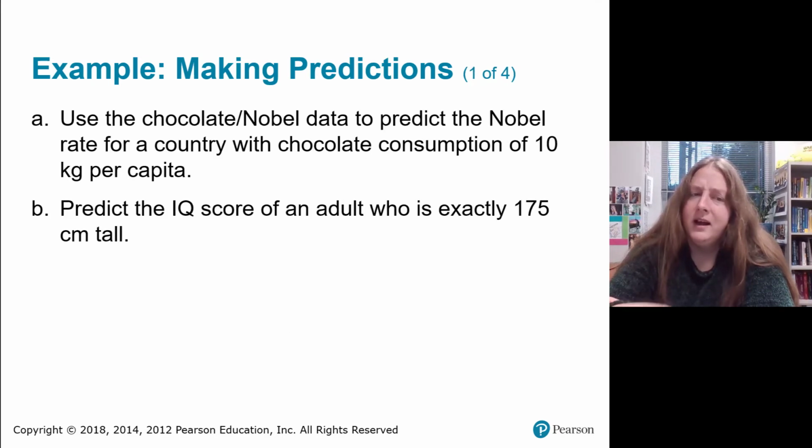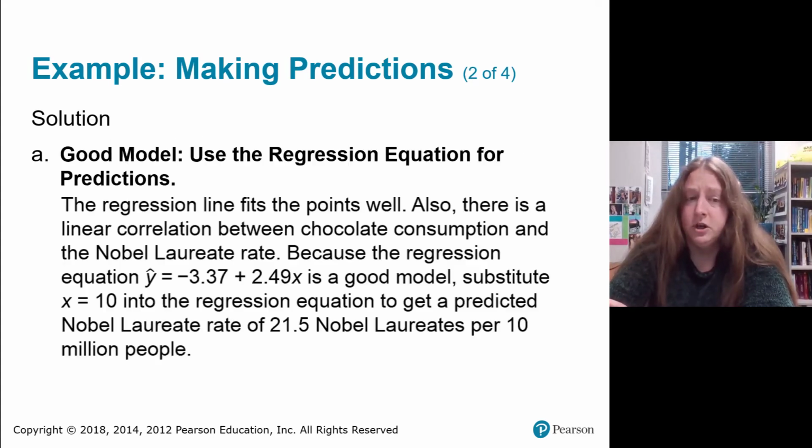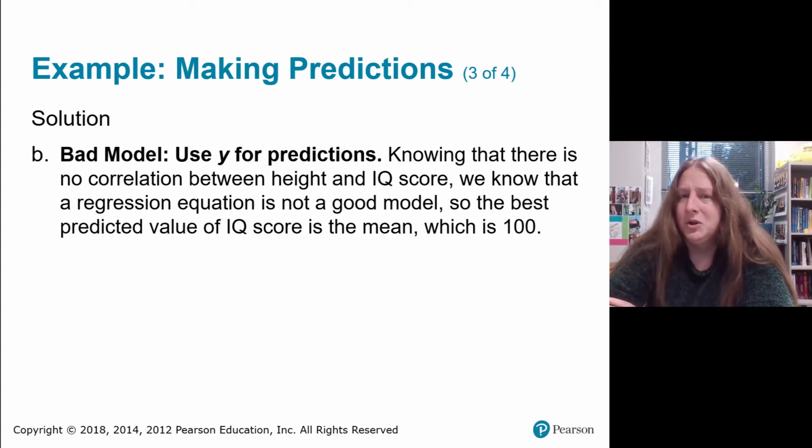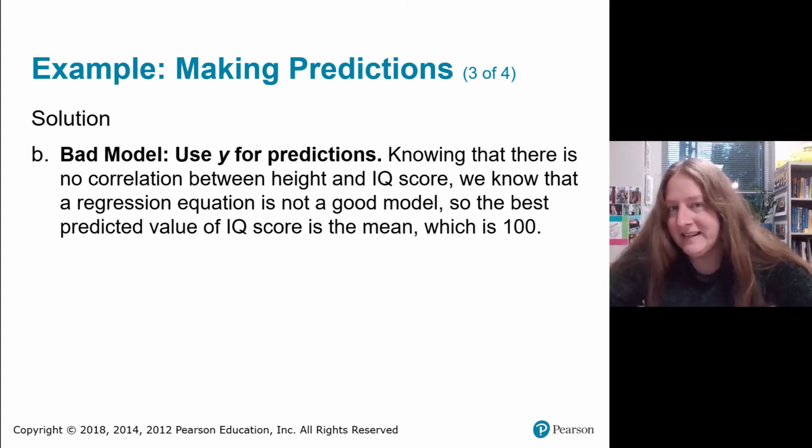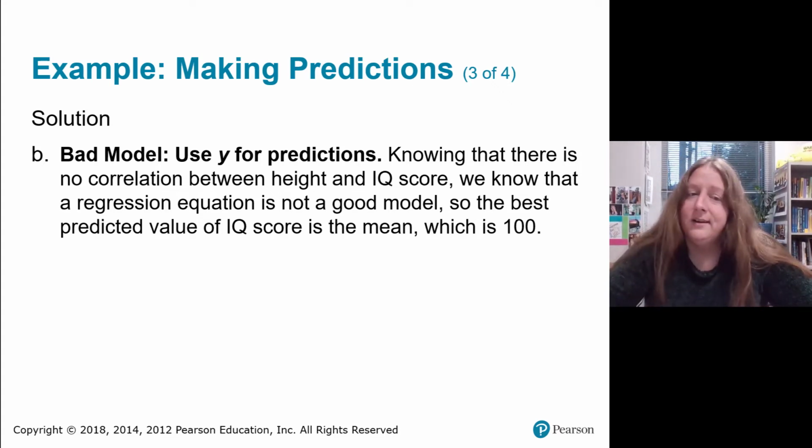Now, on the other hand, predicting the IQ score of an adult who is exactly 175 centimeters tall: height and IQ, not related. We don't even have to take a look at this to know that. So our best prediction is going to be the mean of IQ scores, regardless of what height we put in.